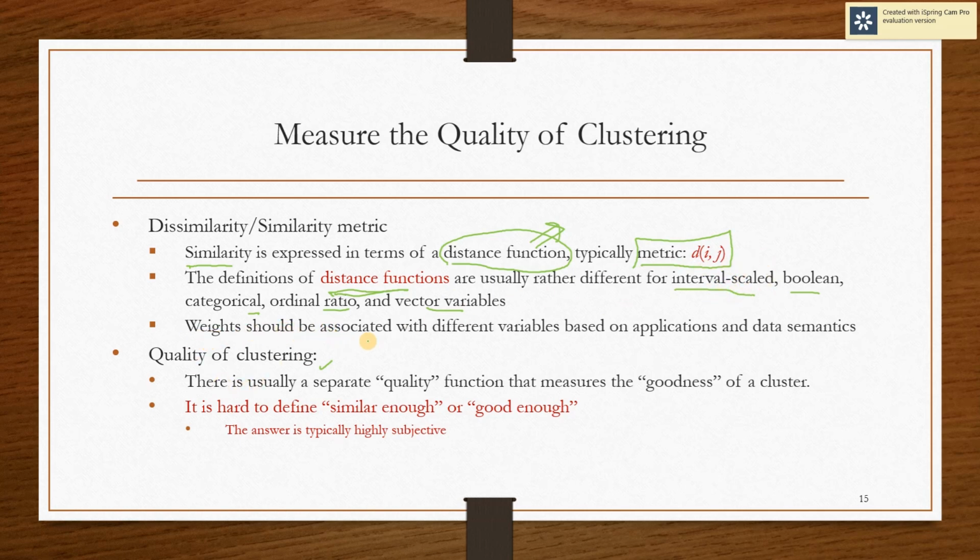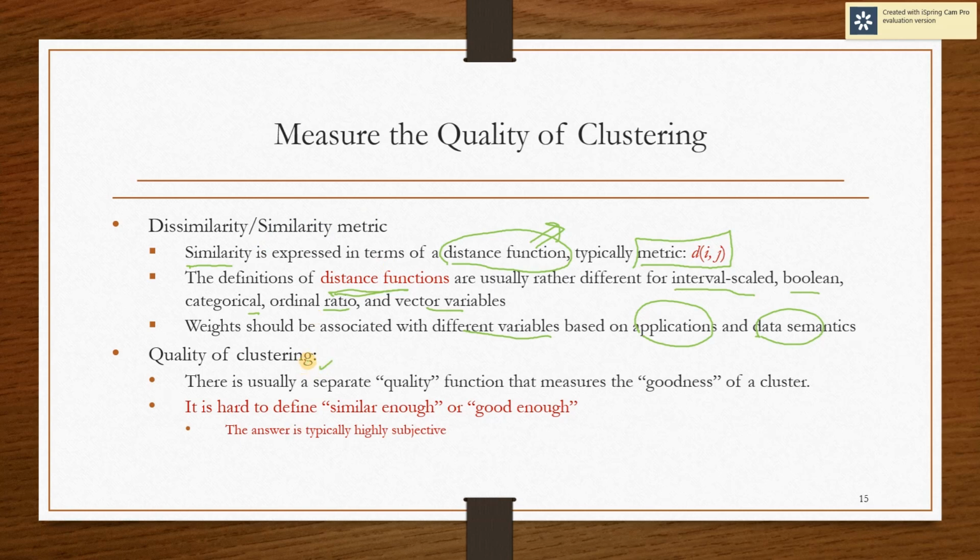Weights should be associated with different variables based on the application and the semantics. So you need to consider what application or what data semantics you are using so that you can get high quality clustering, to get the dissimilarity and the similarity metric.